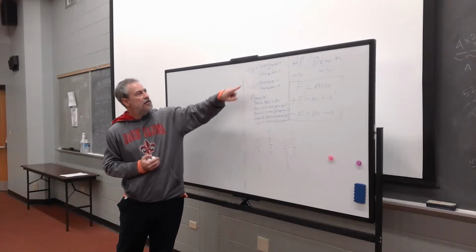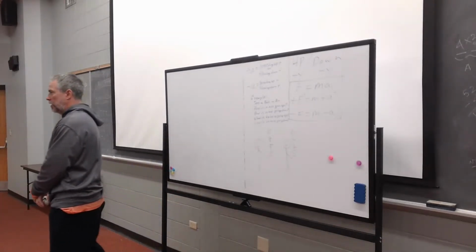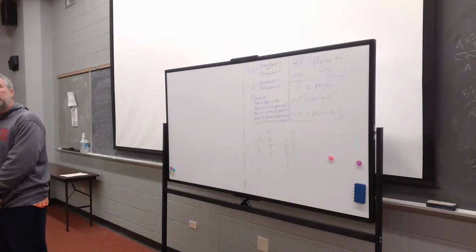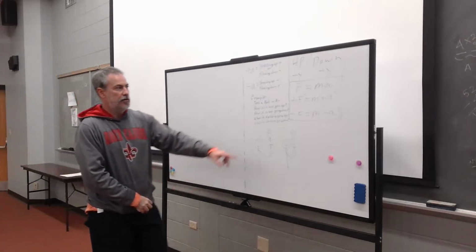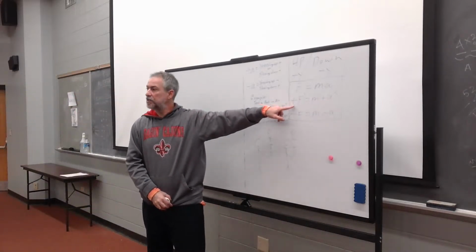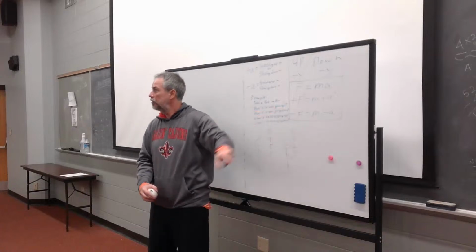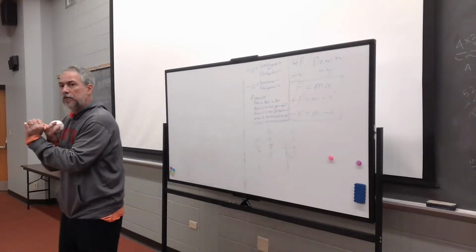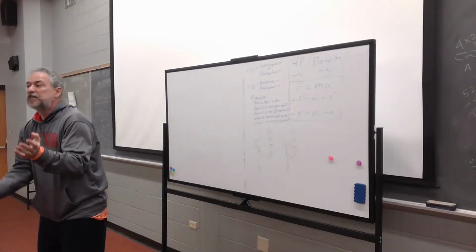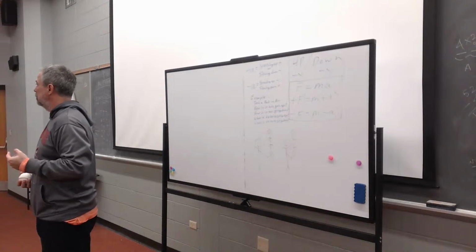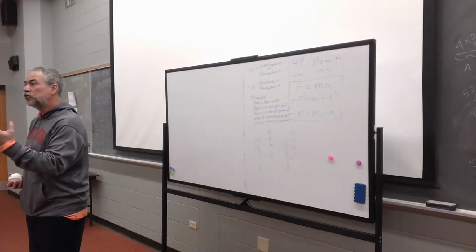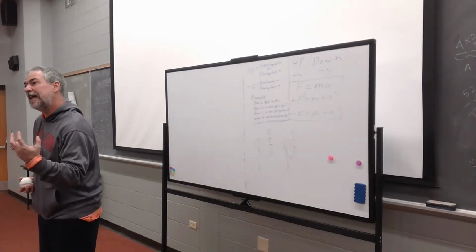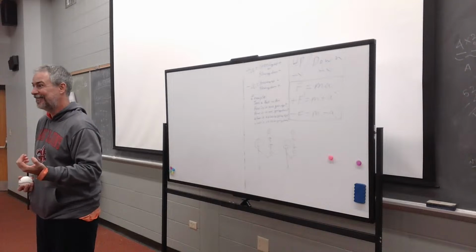Here's the next point, and hopefully all this will make sense at the end of class. What does it mean to be positively accelerating in the y? Well, positive acceleration, because of a positive force acting on you, can do one of two things. It could either speed something up, going up, but it could also slow something down, coming down.